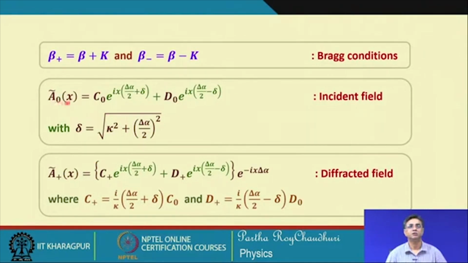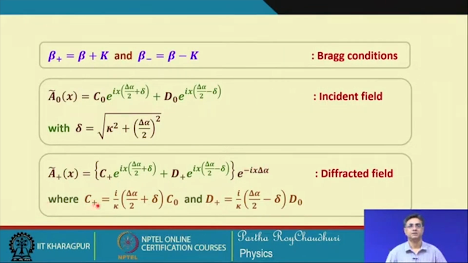Now, this equation we left here, that A 0 of x, amplitude of the undiffracted or incident beam, is given by this, where delta was equal to the square root of kappa square plus delta alpha by 2 square. A plus was given by a similar equation, C 0 was here, C plus, D 0 is here, D plus, and then you have a factor of e to the power of i x delta alpha.